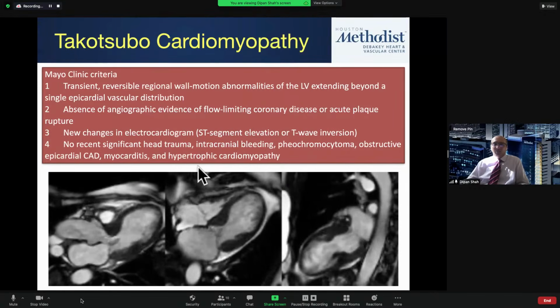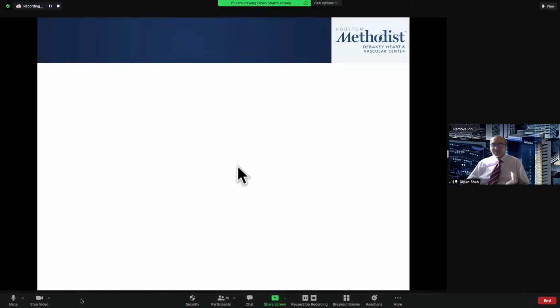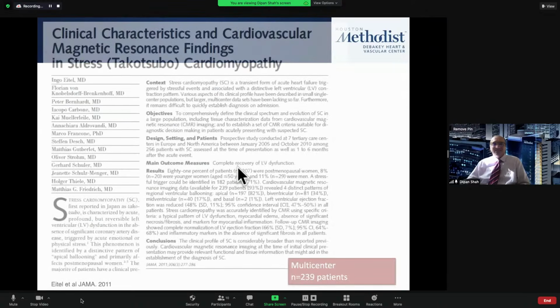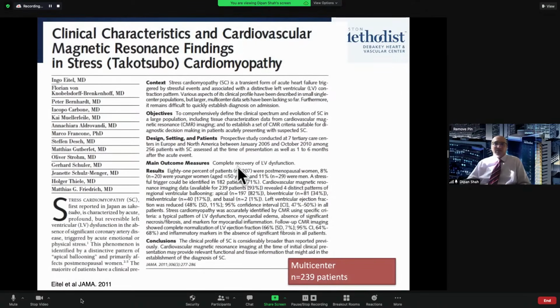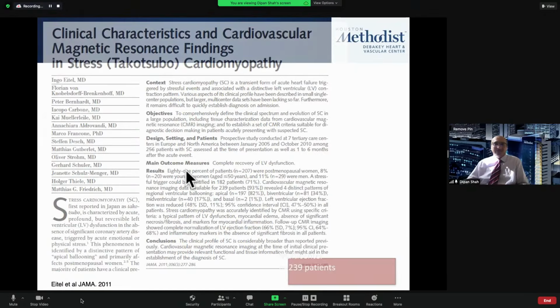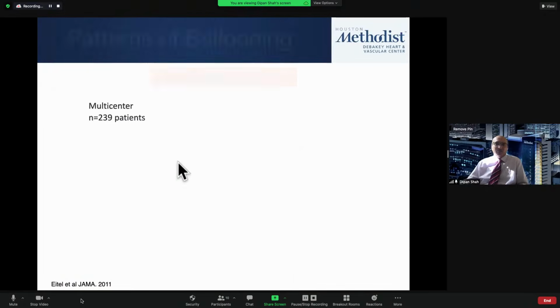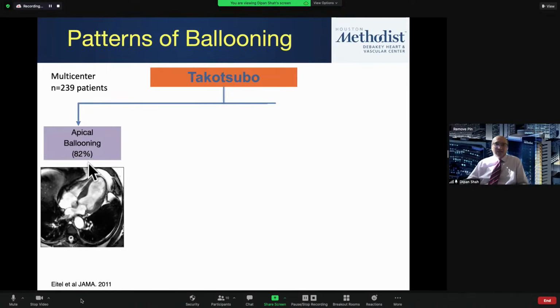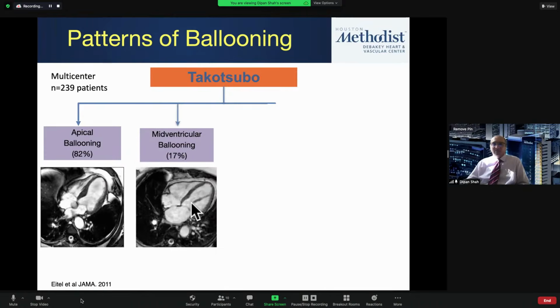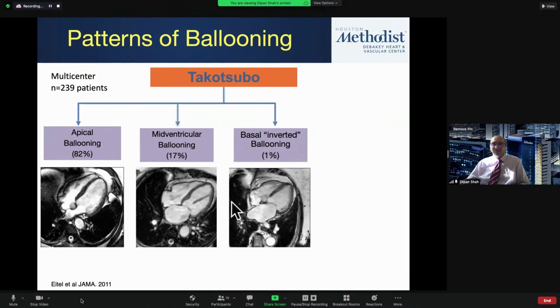cardiomyopathy. Important, though, to keep in mind, as this multi-center CMR study showed, is that there can be different phenotypic presentations of Takotsubo's. So although we think of the classical apical ballooning, which is what they found in this series in over 80% of patients, there were about 17 or 18% of patients who had this mid-ventricular ballooning pattern, as is shown here, where the basal and apical segments are spared.